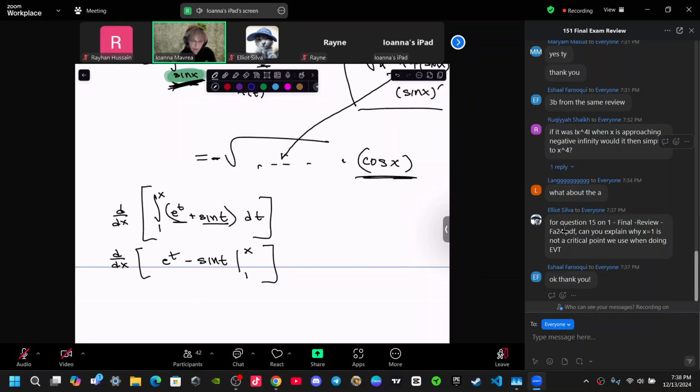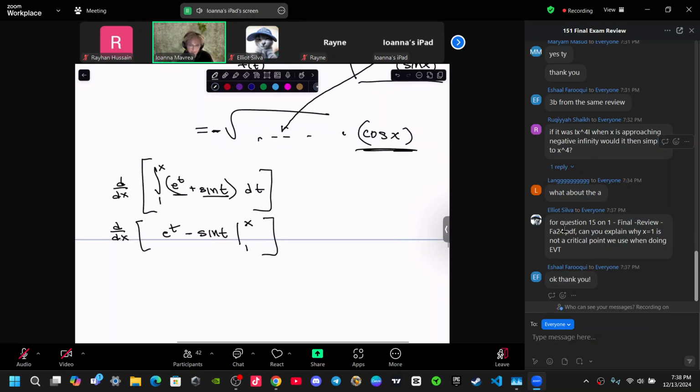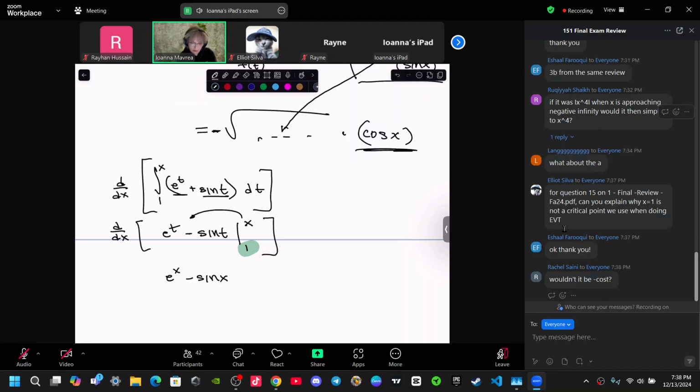And once you're done evaluating, then you're going to take a derivative, right? Now, this is the thing that somebody could have changed. It could have been 1, could have been 0, could be negative a half, could be something else. So you plug in the top limit. So notice the x's are going to replace all the t's. So e to the x minus sine x minus what you get when you plug in the 1.